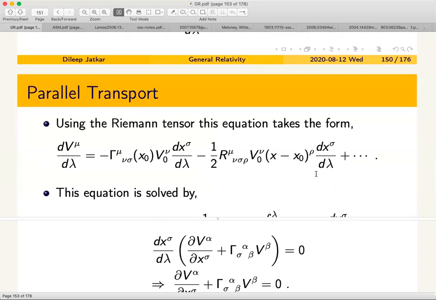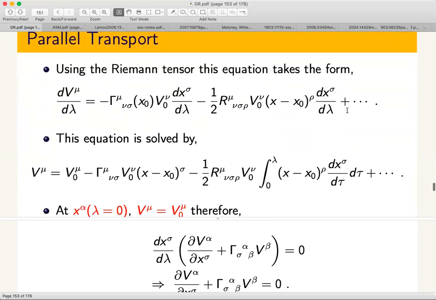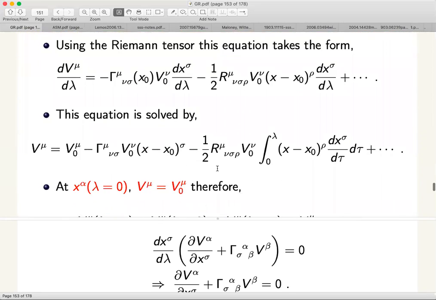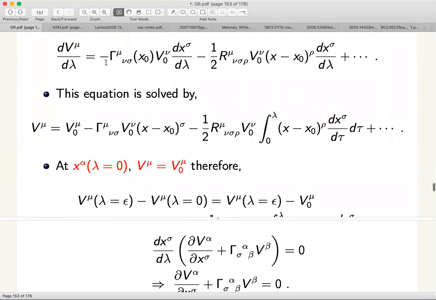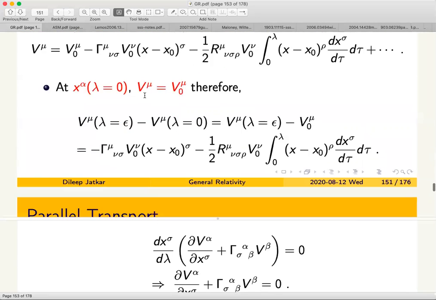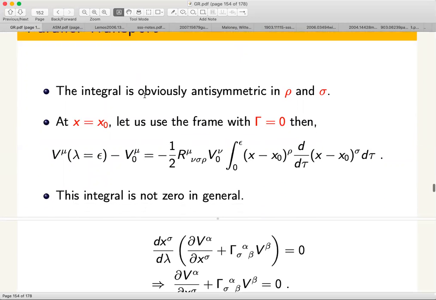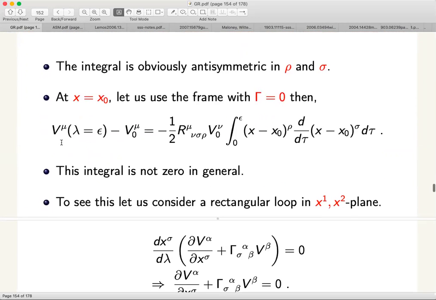Now of course what we could do, which is what we did, was try to solve this equation and get a next correction to the solution, but we also said that we can always work in the local Lorentz frame in which gamma is equal to 0, and you can reduce this equation to a form which was something like this: v mu at lambda equals epsilon minus v0 mu.